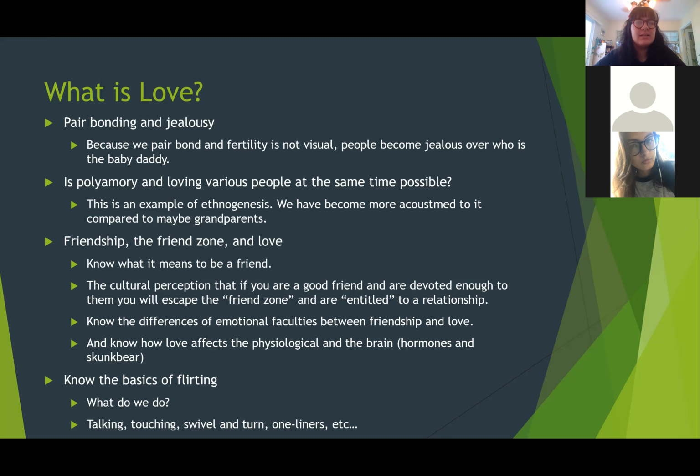But the truth is, there's a very big difference between love, and specifically romantic love, which you will see soon, and friendship. The difference between those two is that love has a completely different reaction in your body and in your brain.